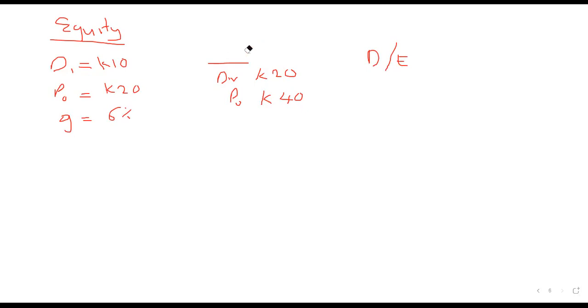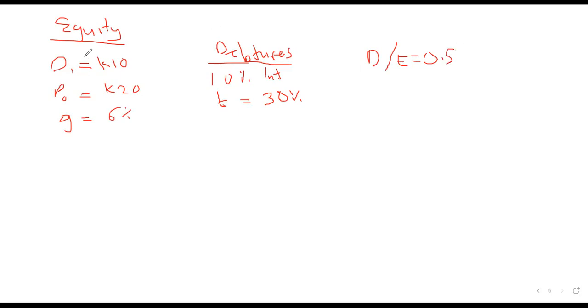Maybe we're not given preferred stock. We're actually told that debentures have 10% interest, and the corporation tax is 30%. In this case, we were told that the debt to equity ratio is 0.5.